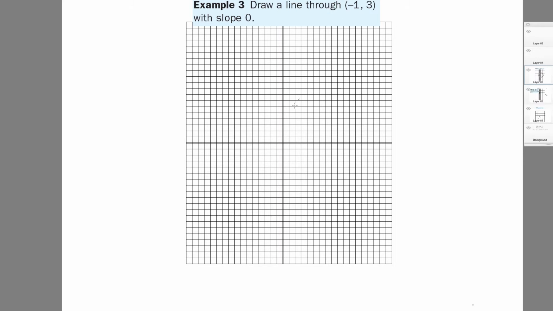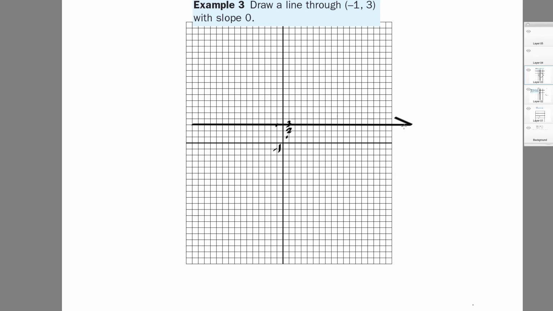So if this is -1, that's 1, 2, 3. Here's my point -1, 3. And a slope of 0 is just this horizontal line that goes across here.